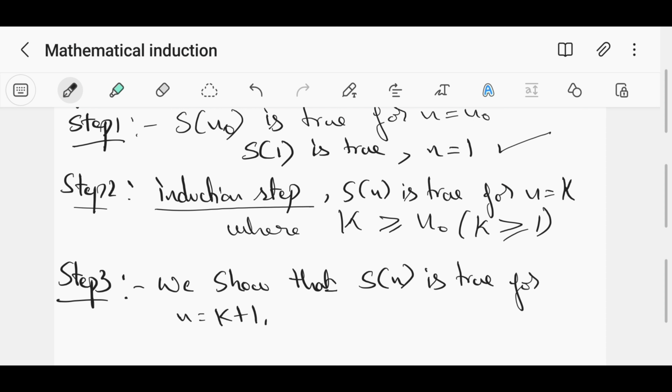Step 3, we use step 2 and show that S of k plus 1 is true, that is where n is equal to k plus 1. So just 3 steps. We will solve a few problems on mathematical induction so that it will be easy for you to understand.